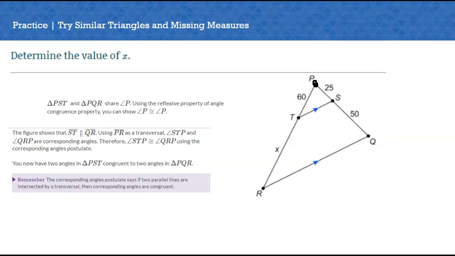Therefore, angle STP is equal to angle QRP using the corresponding angle postulate. We now have two angles in triangle PST congruent to two angles in triangle PRQ.